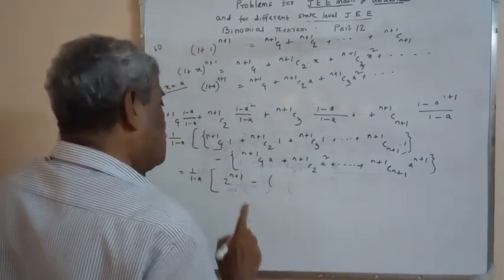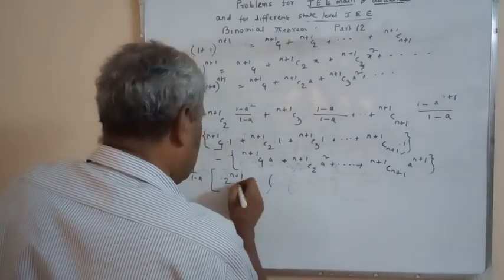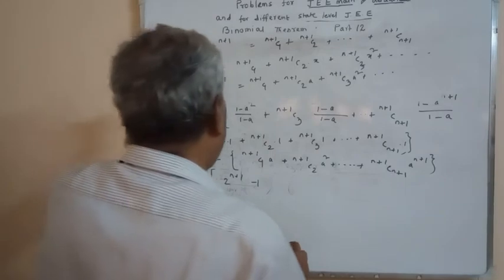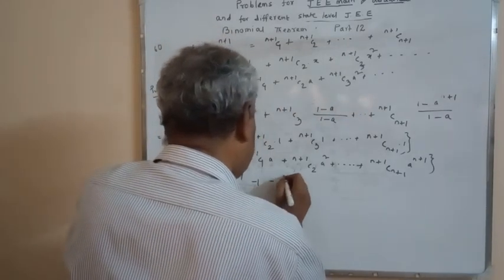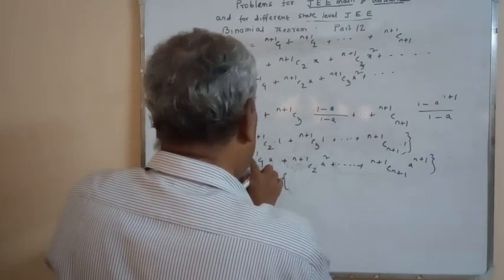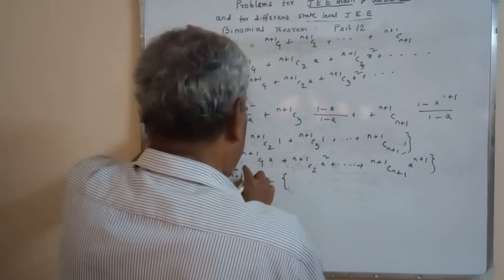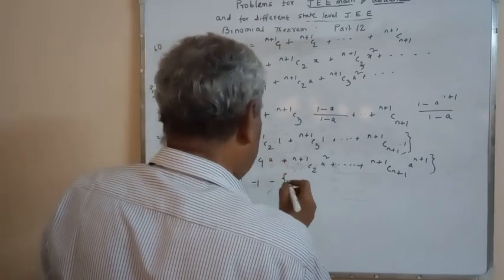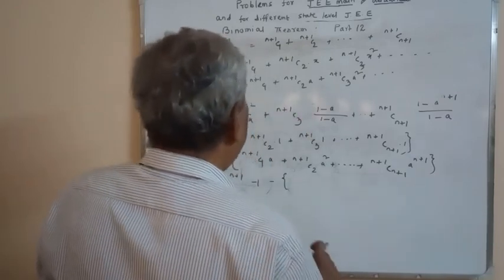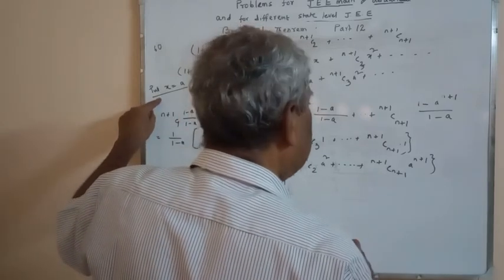Oh, minus 1 is there because this term is not there, so this minus 1, then minus, it is actually n plus 1 c1 into a. So it is actually equal to Tn plus 1.